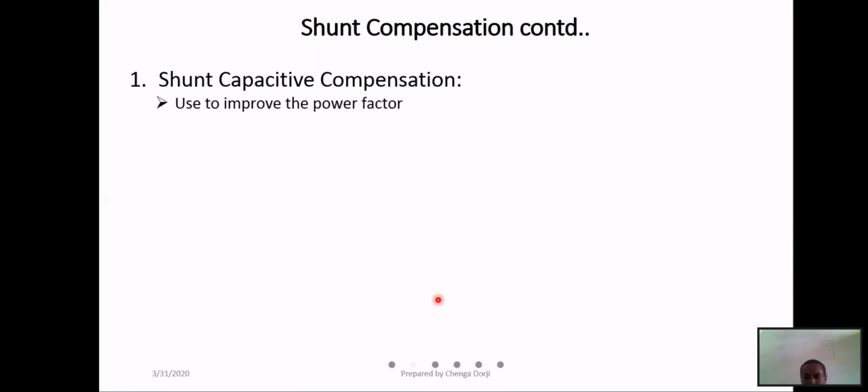Any idea? Anyone? Any? Hello, Namit. How does a capacitor improve the power factor of a system? No idea, sir. Kinle Wangshu, any idea?